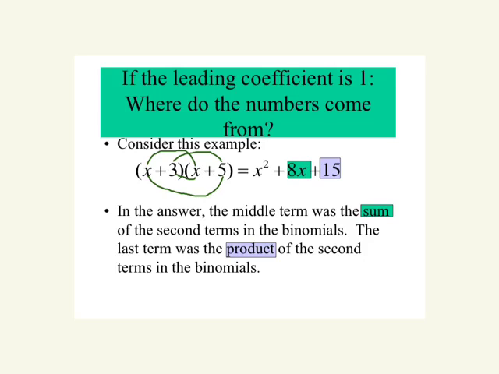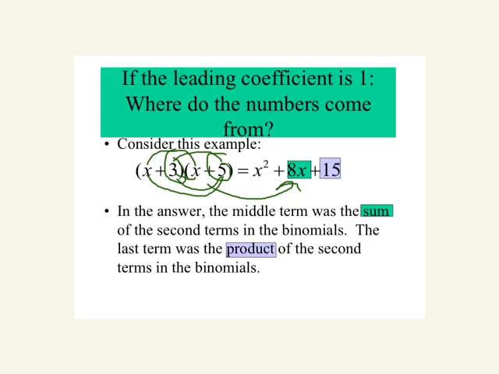Now in this answer, look at the middle term. The middle term is 8x. What you'll notice is that number is going to be the sum of the second terms in the binomials. Notice, if you add 3 and 5, they equal 8.